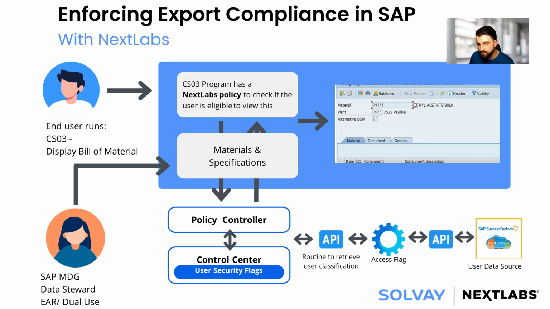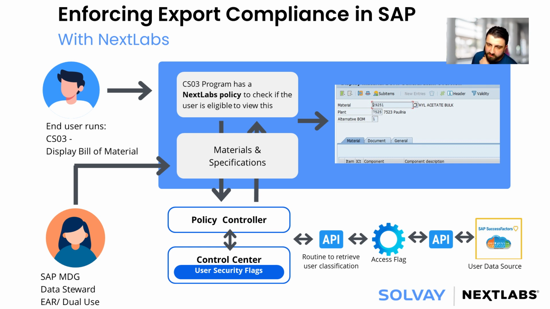Then what the policy controller will do: we have an API that is connected with what we call the access flag tool. So we have software here that calculates the level of clearance of the users according to the information from SuccessFactors, the HR system. So what is happening here? Every time someone is attempting to access control data, the information is sent to the control center.